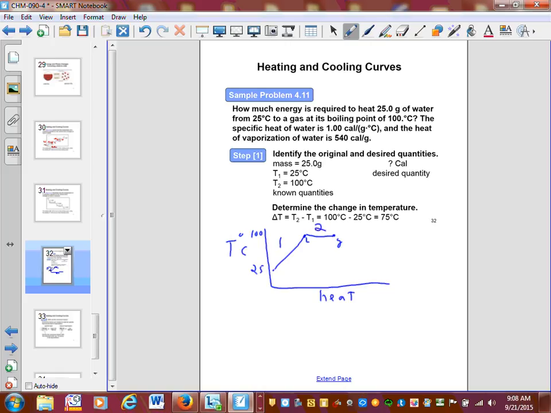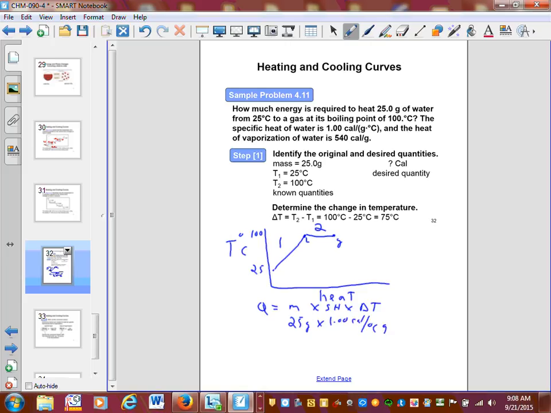200 degrees. So how much energy? I can say Q is equal to M times the specific heat times the change in temperature. How much water? 25 grams. Specific heat of water is 1.00 calories per degree C per gram.